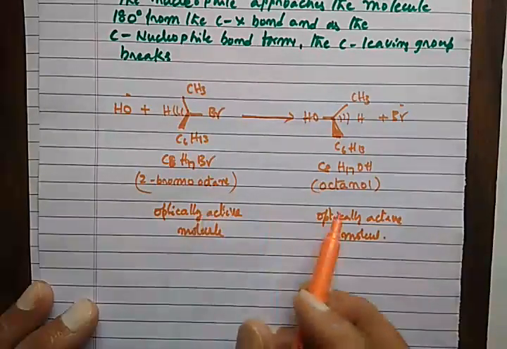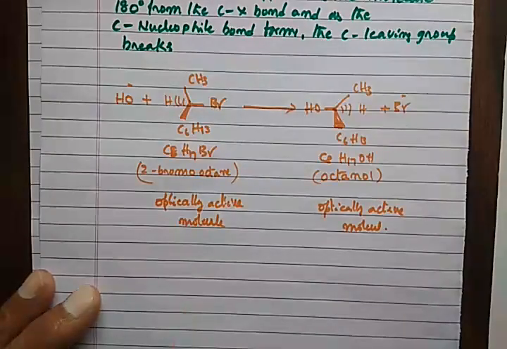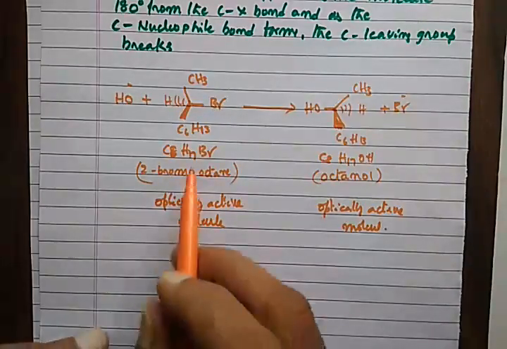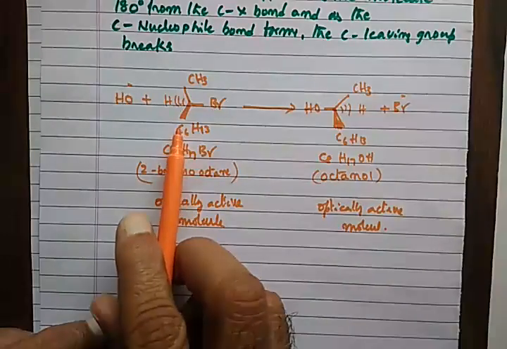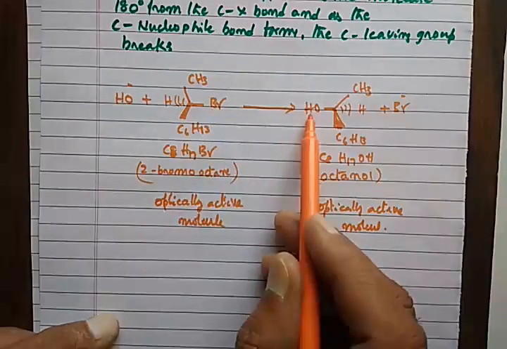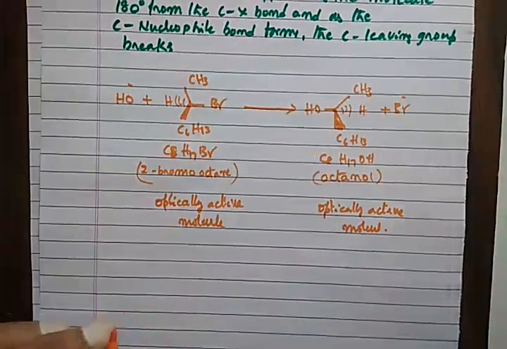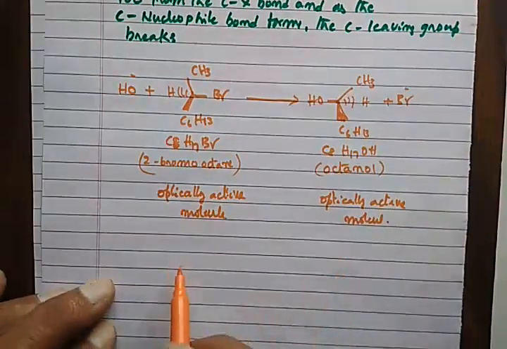So both will do that. Now we will see the molecular inversion. See, molecular inversion also happened. That is, here instead of Br, HO has come. Only these angles are different. Otherwise, molecular inversion happened.